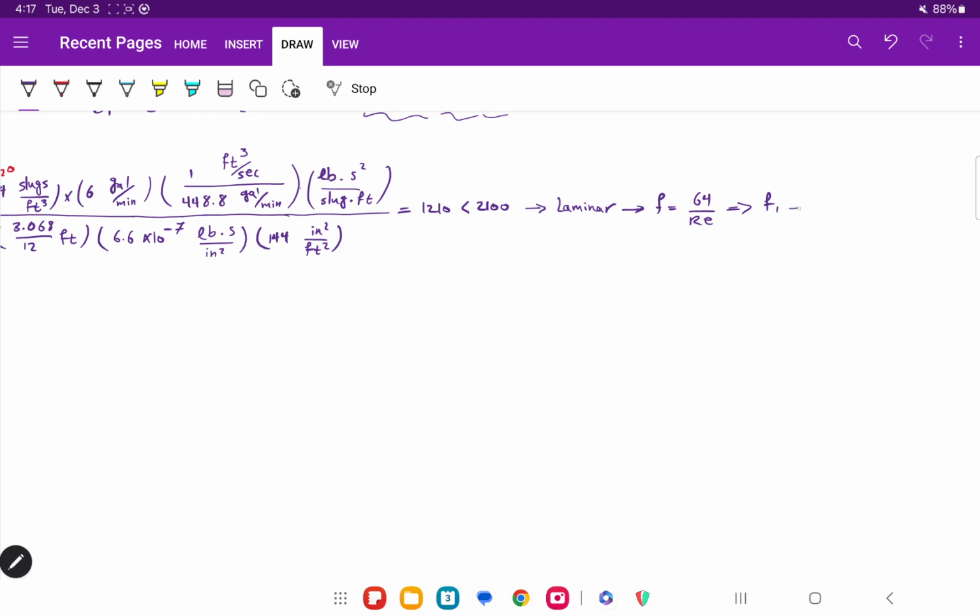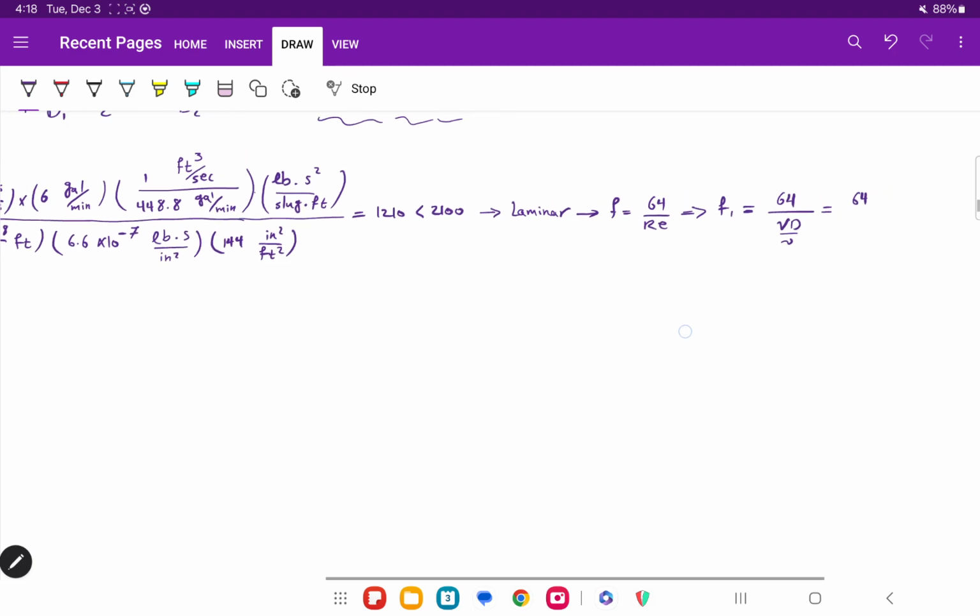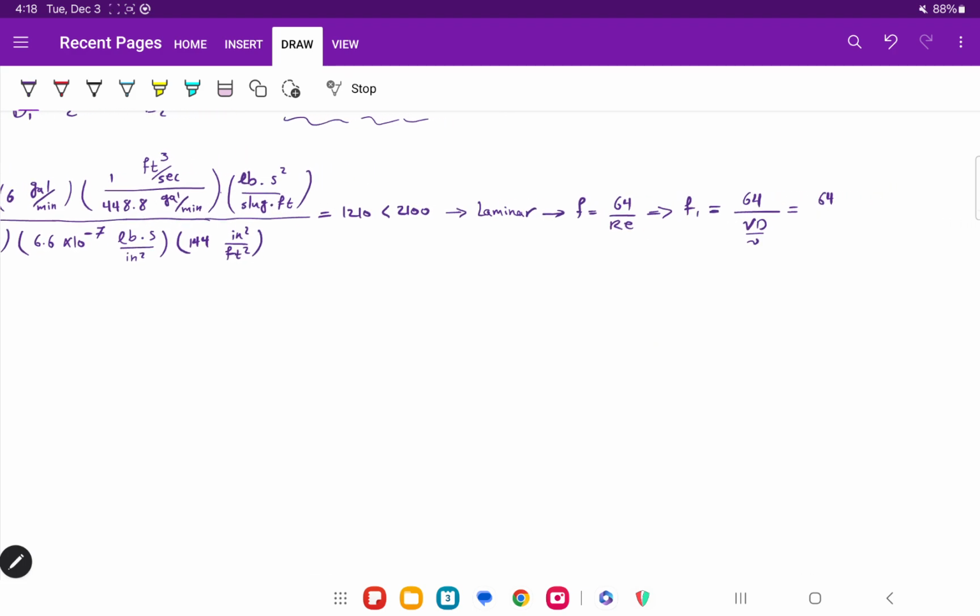So F1 equals 64 over Reynolds number equals 64 divided by VD over nu, or 64, we should use Q here.